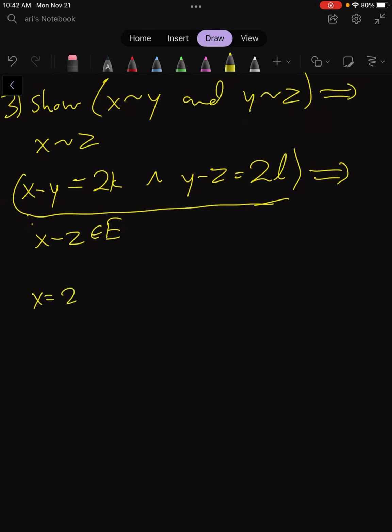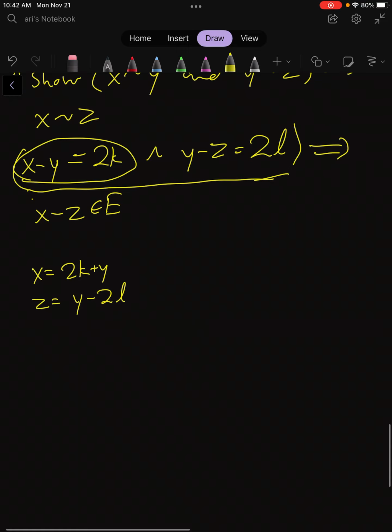So I know that x is equal to 2k plus y, right? Just doing algebra on this. And I know that z is equal to y minus 2l.